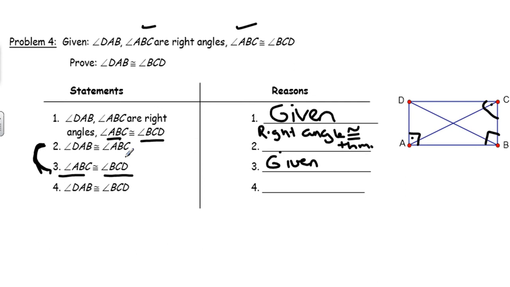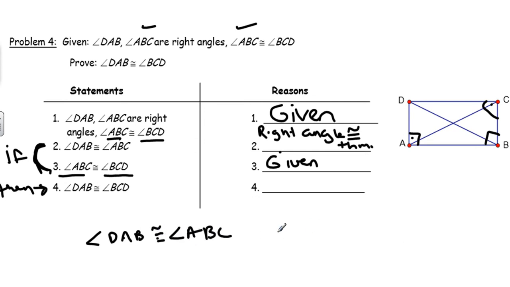I'm going to take these two terms and call them my hypothesis. And I'm going to see how I got to my conclusion. So I'm going to write these two terms linearly. Angle DAB congruent to angle ABC, and angle ABC congruent to angle BCD. Do you see what's happening here?